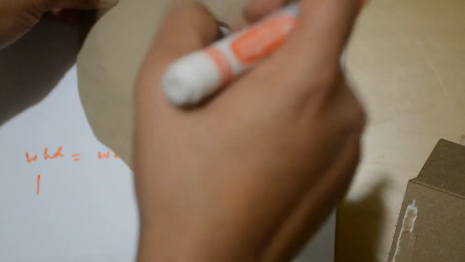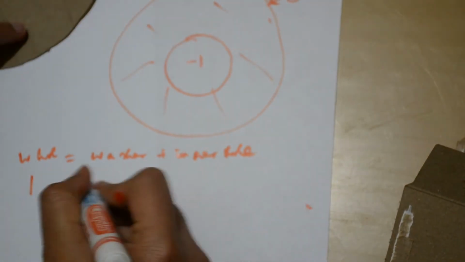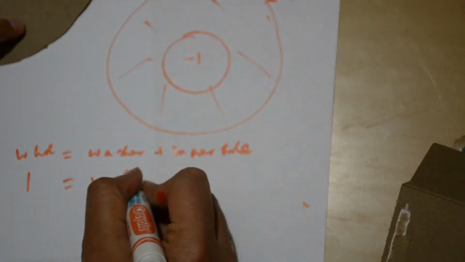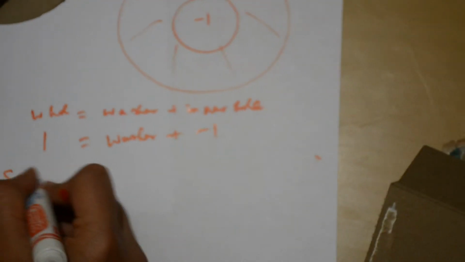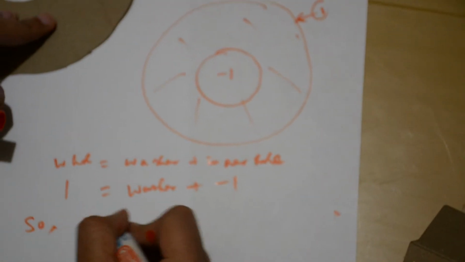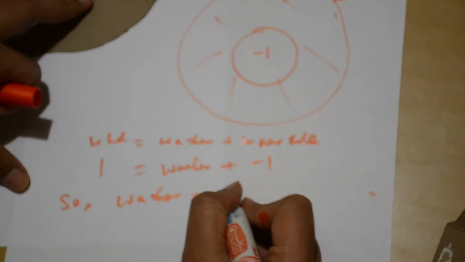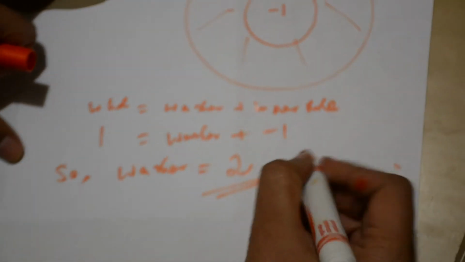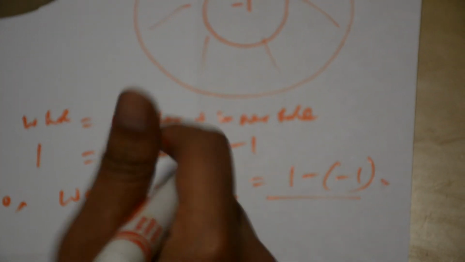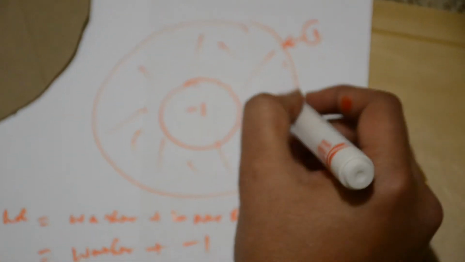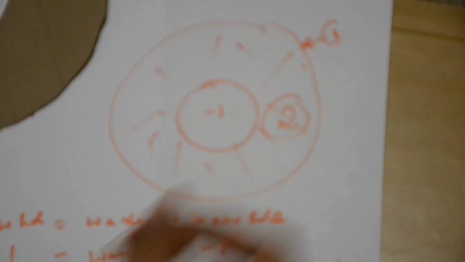On the inside there is a hole, so there is a darkness. So washer plus minus 1 equals 1, so washer is equal to 1 minus of minus 1, that is 2. So this shaded area, the washer area, is actually 2.